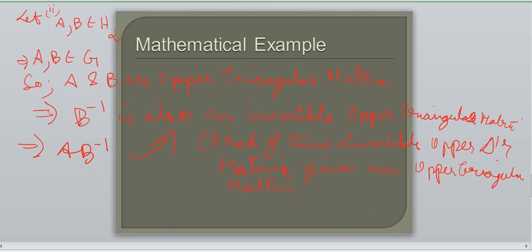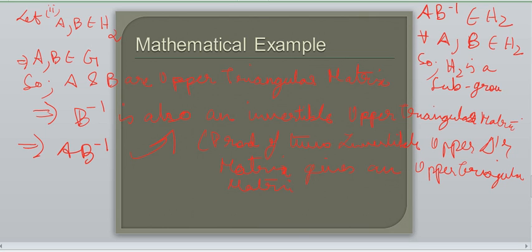That means that it belongs to H. So AB inverse belongs to H2, correct, for all A, B belonging to H2. Okay. So H2 is a subgroup of G.